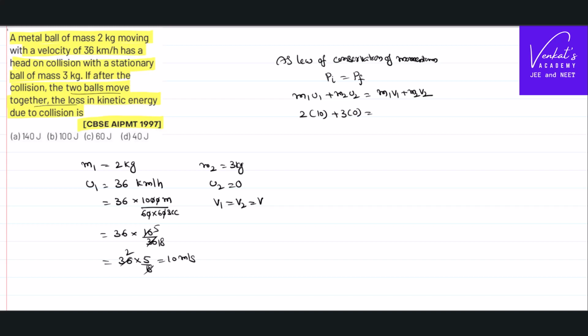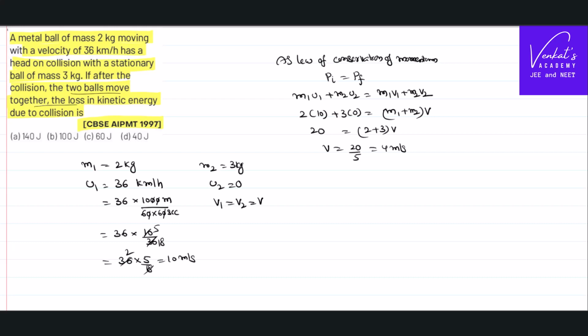They are moving together, m1 plus m2 having a common velocity v. So 20 equals m1 plus m2, that is 2 plus 3, times the common velocity. So the common velocity is 20 by 5, 4 meter per second.